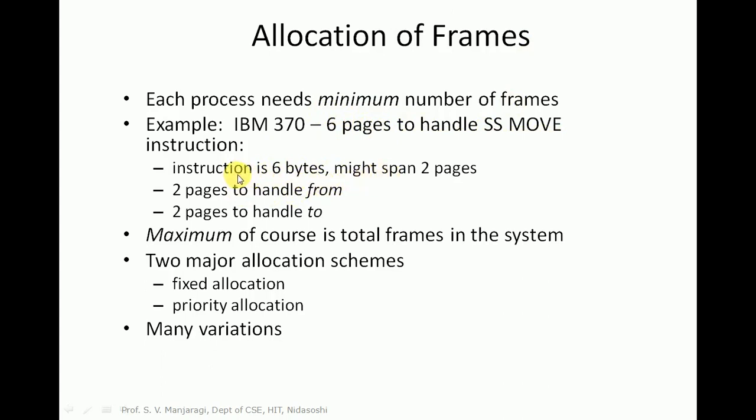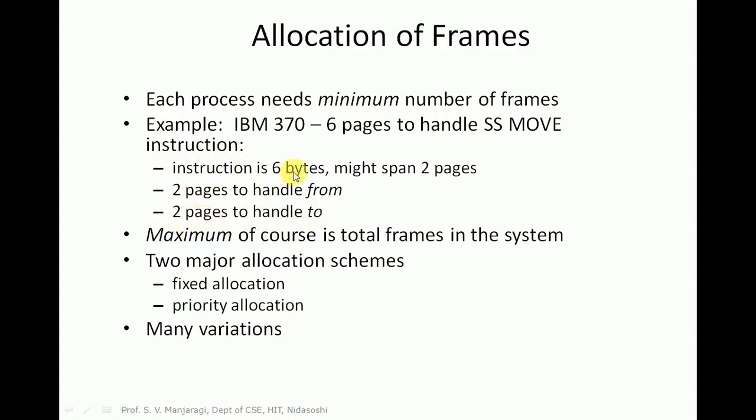The instruction is 6 bytes, and 2 pages are required for the instruction and 2 pages to handle from. We take data from one register, and to handle that 2 pages are required. Then we move it to the other register, and to move data to the other register, 2 more pages are needed.